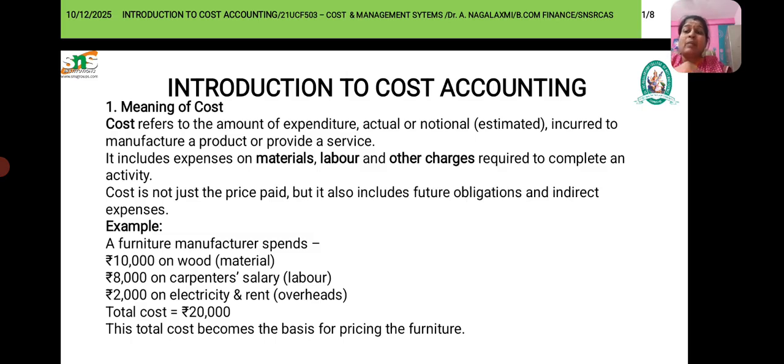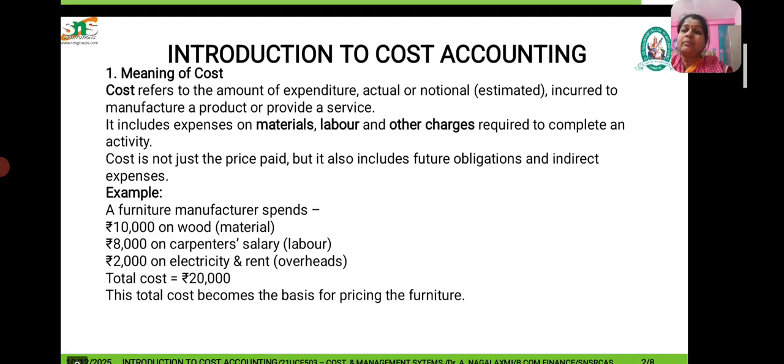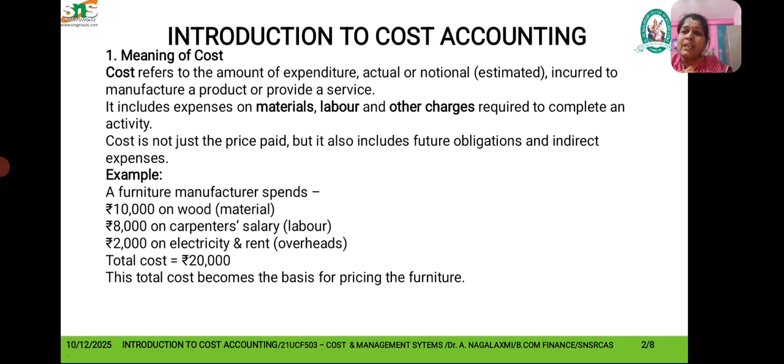See, there is one example given for the term cost. Cost is not just the price paid, but it includes future obligations and indirect expenses. We can see the example given to understand the term cost. A furniture is to be manufactured. So the manufacturer spends something to make a furniture. He has to buy the wood, that is the raw material.